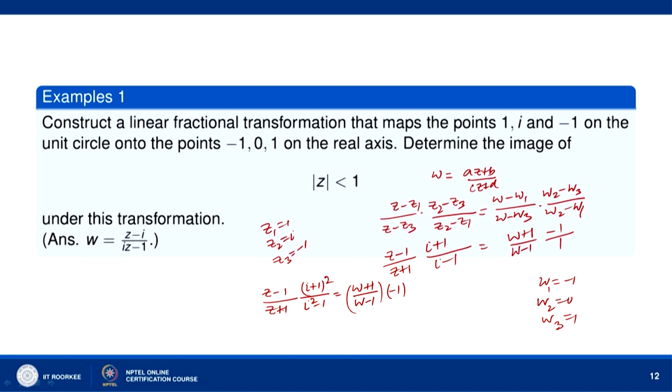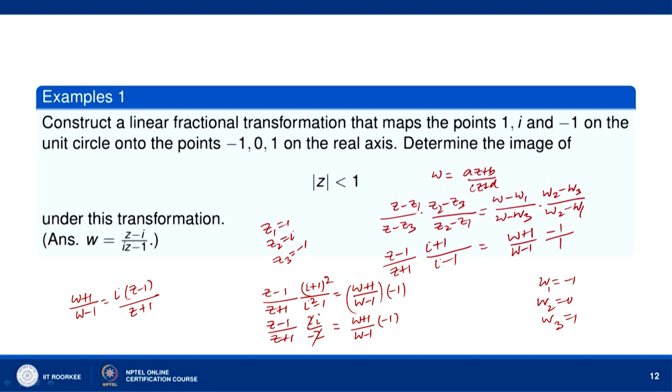So, this is z minus 1 divided by z plus 1, and here we have i square plus 1, which is 0 because i square is minus 1. So, we get 2i divided by minus 2, and this is W plus 1 divided by W minus 1 into minus 1. So, W plus 1 divided by W minus 1 equals, now this cancels with this, minus i and minus 1 here, so this gives you i times z minus 1 divided by z plus 1.